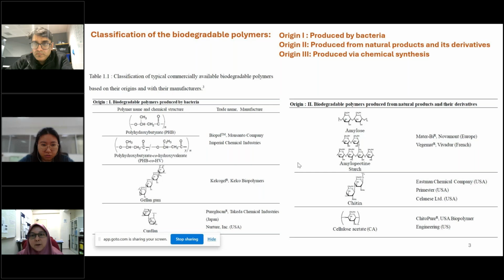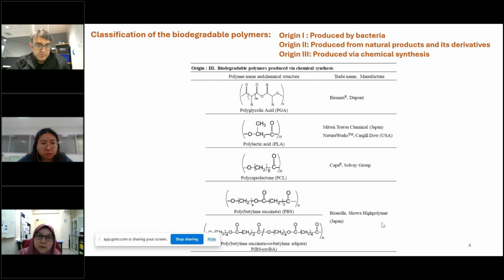Another group is biodegradable polymer produced from natural products and their derivatives, including amylopectin, chitin, and cellulose acetate (CA). The third group is produced by chemical synthesis, such as polyglycolic acid (PGA), polylactic acid (PLA), polycaprolactone (PCL), polybutylene succinate (PBS), and its copolymer polybutylene succinate-co-butylene adipate (PBS-co-BA).